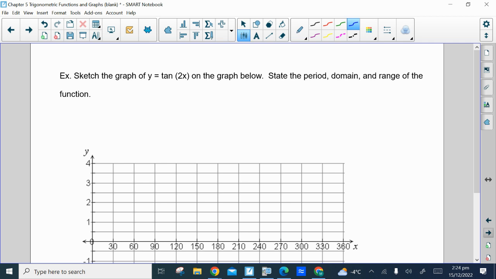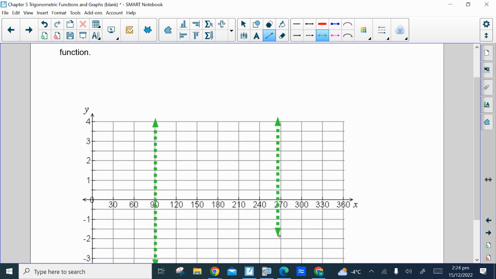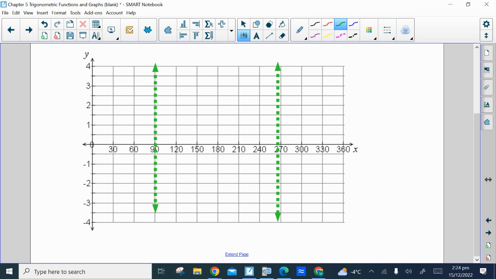So in this first one, we want to sketch the graph of y equals tan 2x. But we will start with the base graph, which is the graph of y equals tan x. So let's start with that. We have our first asymptote at 90 degrees, our next one at 270. This is the graph of y equals tangent x. It has the first x-intercept at 0, then 180, then 360.